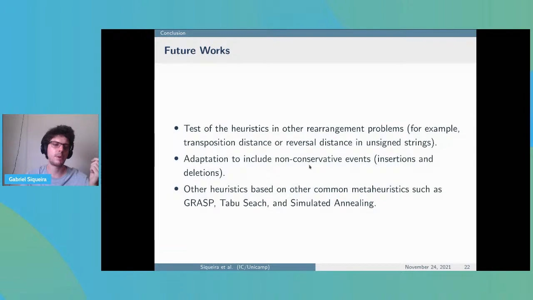This would eliminate that preprocessing step necessary for real genomes. But this adaptation needs some changes on the definition of the cycle packing, of the cycle graph. Another thing that could be done is to test other heuristics based on other common metaheuristics, such as greedy randomized search procedure, tabu search, or simulated annealing.